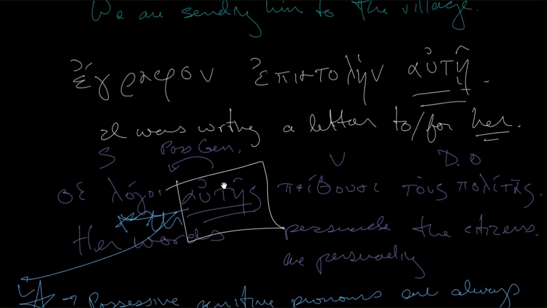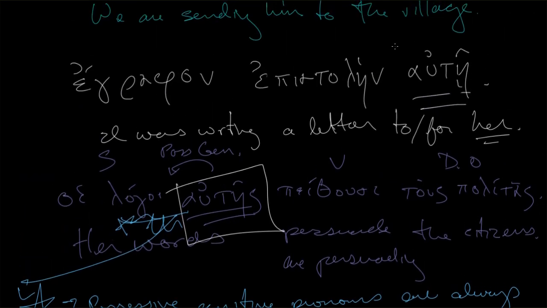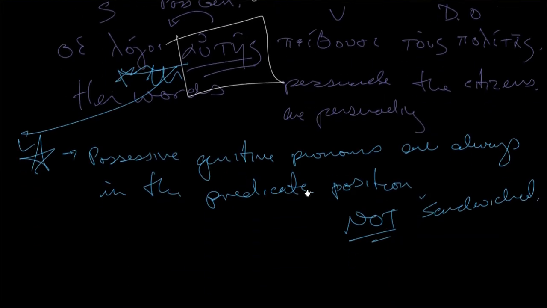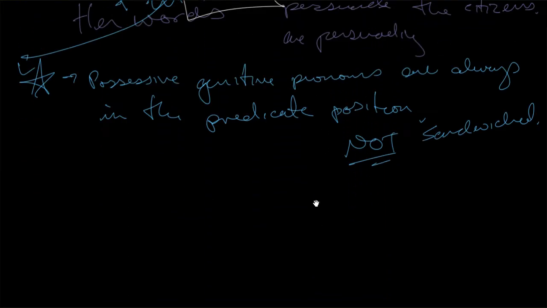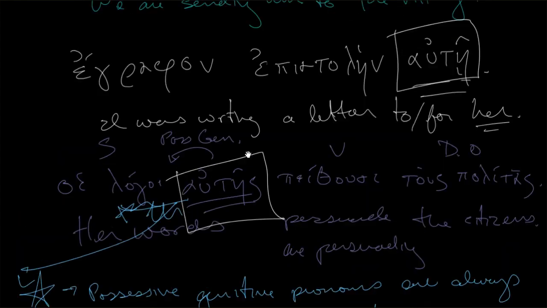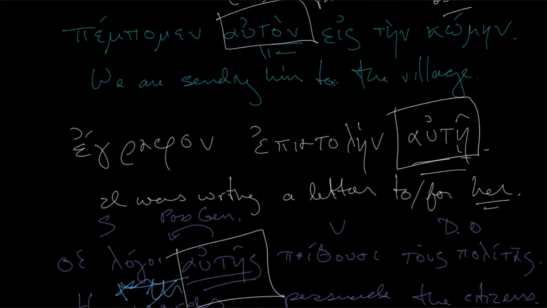So I've been saying here, as I circle or put a box around each of these pronouns, that these things are standalone. They're not agreeing with anything else. Well, that's true, they can stand alone, but in these cases, her words persuade the citizens, we need to know something about her, and maybe she was mentioned in the last sentence. Same with this autē.